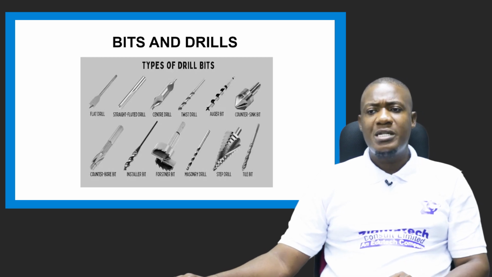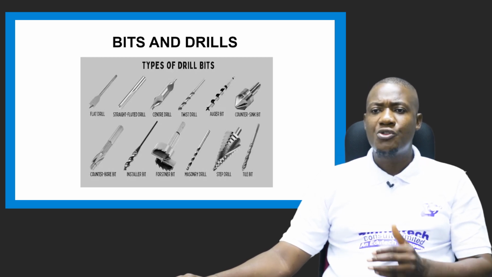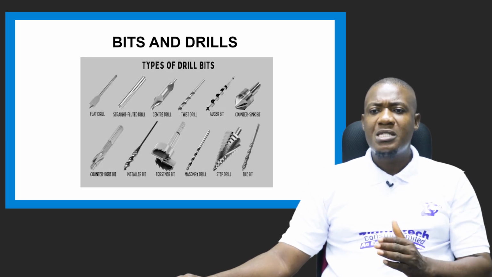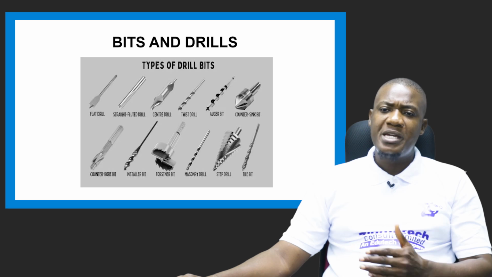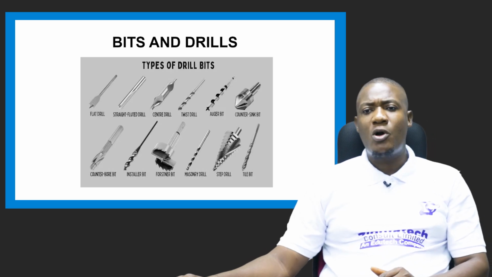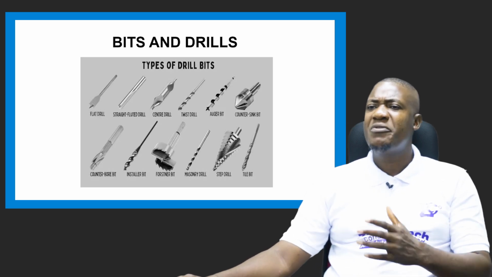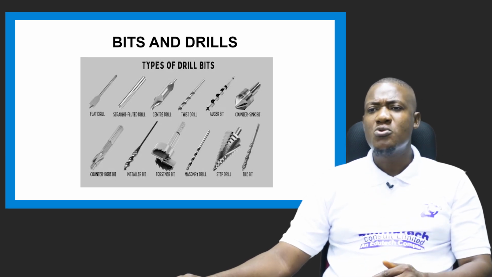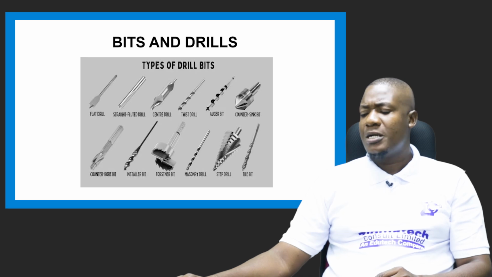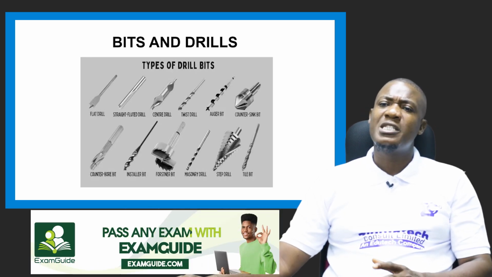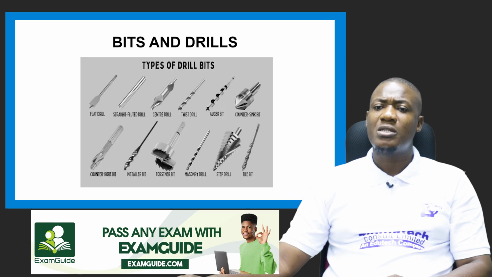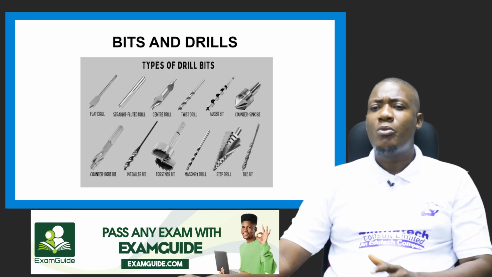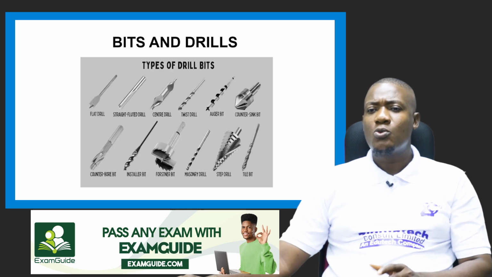We have the step bit drill, the Forstner bit, the installer bit, the counterbore bit, different bits for different purposes, depending on what you want to actually do on the wood. But the one that is predominantly used is the twist drill. It's commonly used for boring holes on woodwork.